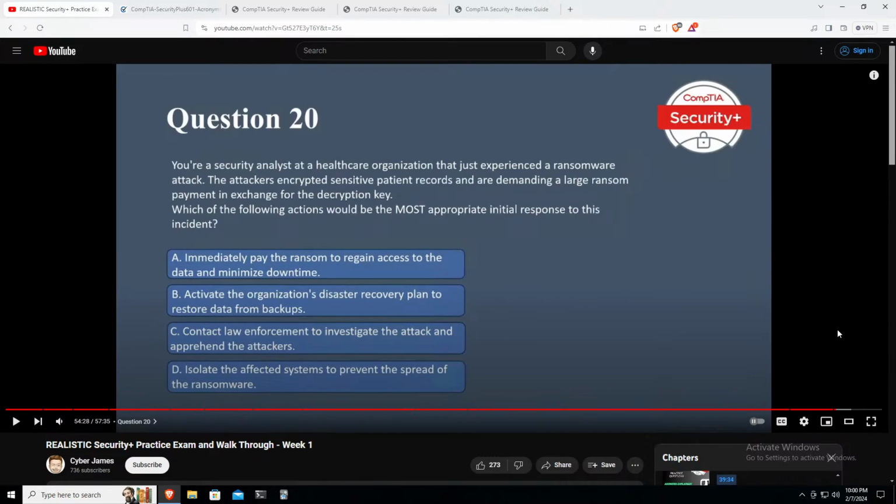You're a security analyst at a healthcare organization that just experienced a ransomware attack. The attacker encrypted the sensitive patient records and is demanding a large ransom payment in exchange for the decryption key. Which of the following actions would be the most appropriate initial response to this incident?